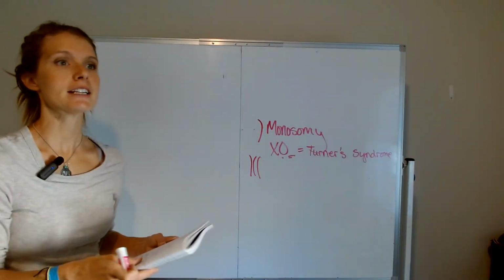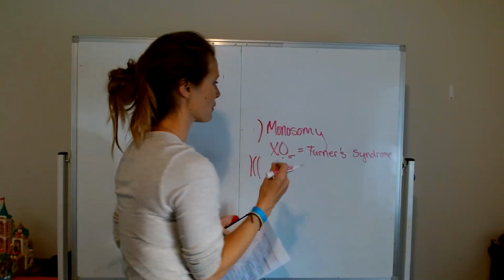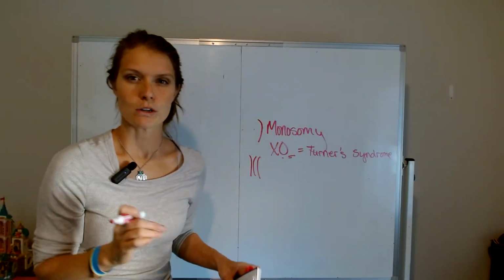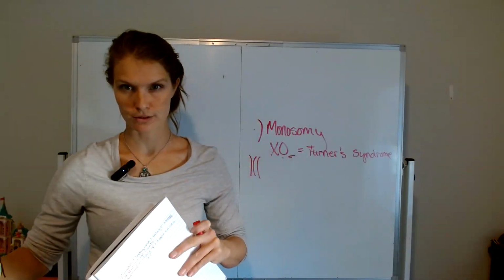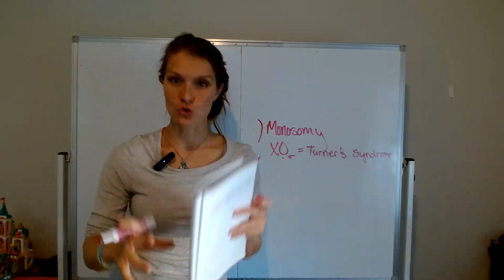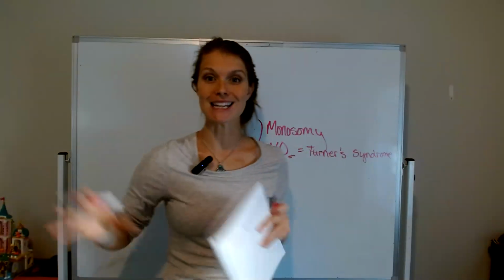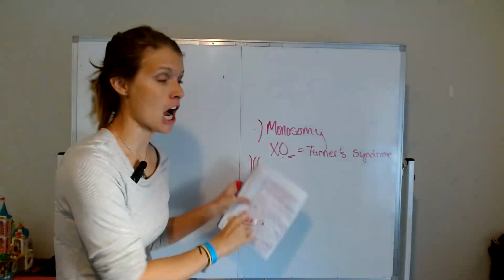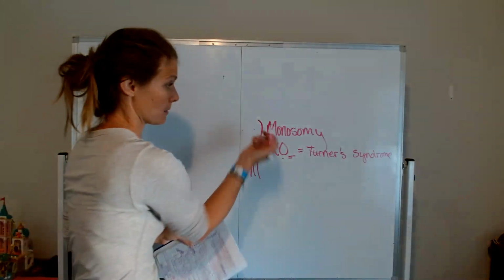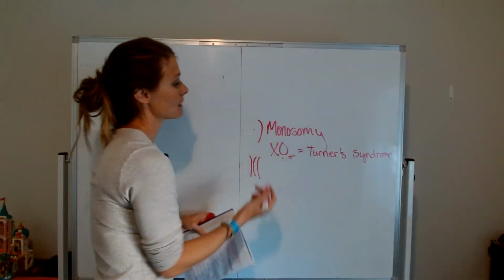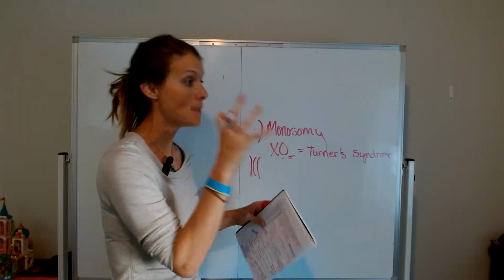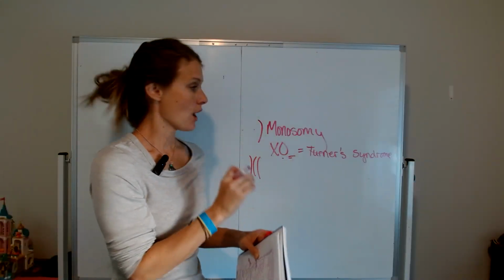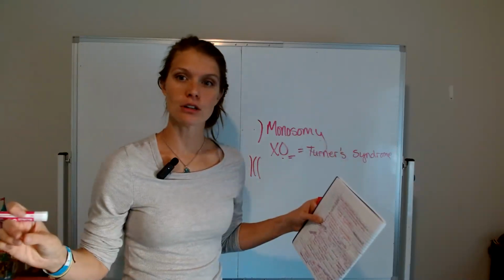Here's the thing. All of these that I'm about to talk about are called aneuploidies, which means not true. Euploidy means a true pair. Aneuploidy means not a true pair. So obviously we don't have a pair. But here's the thing, most of these end with lethal alleles.